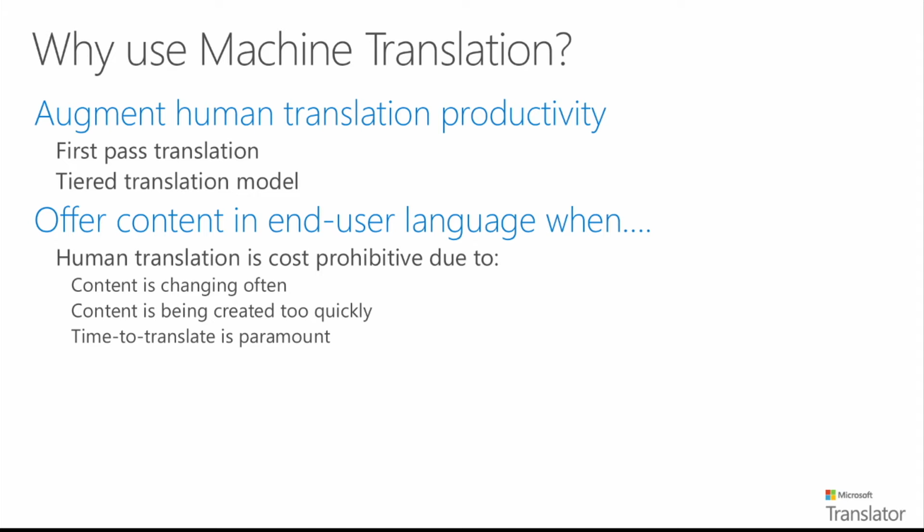But you can also offer the raw output of the automatic translation to your audience where human translation is simply not feasible or not practical because the content is changing too often. It's just not affordable to translate these amounts of material, or you just don't have enough time to get it translated before the translation needs to be consumed.